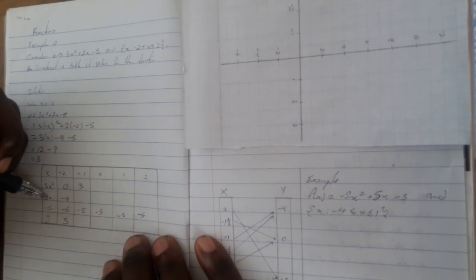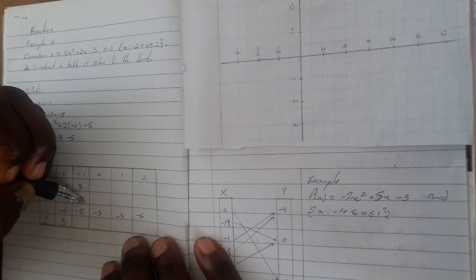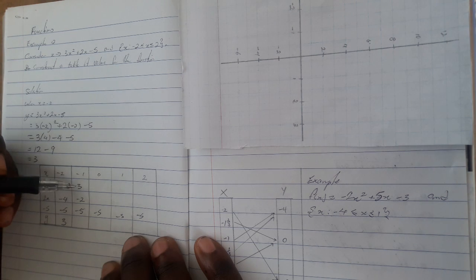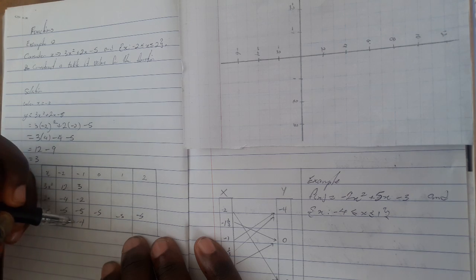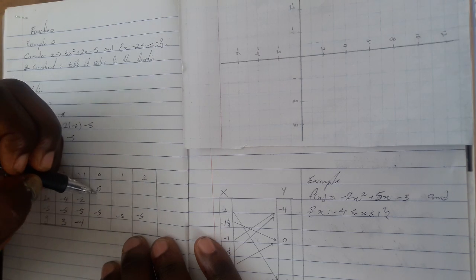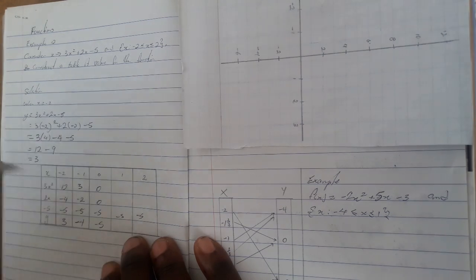So 2 times minus 1 is minus 2. What you can do is add the negative numbers and then subtract from the positive, like I did here. So this will give minus 7 plus 3 is minus 4. This is 0, this is 0, the answer is minus 5.